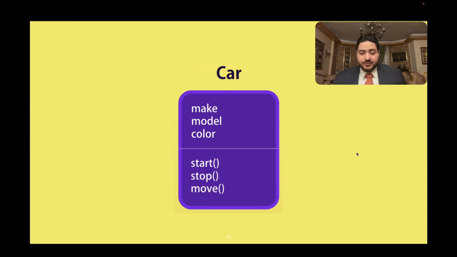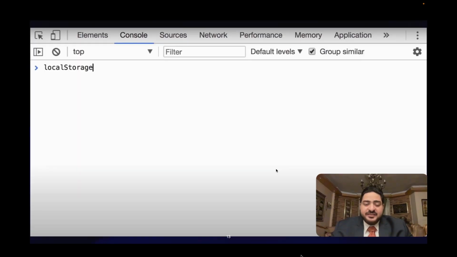Let's take an example, like a car. A car would have attributes or properties like make, model, color, and have functions like start, stop, and move. But we don't have a car in our program, so let's give a more relatable example, something that you will face every day.